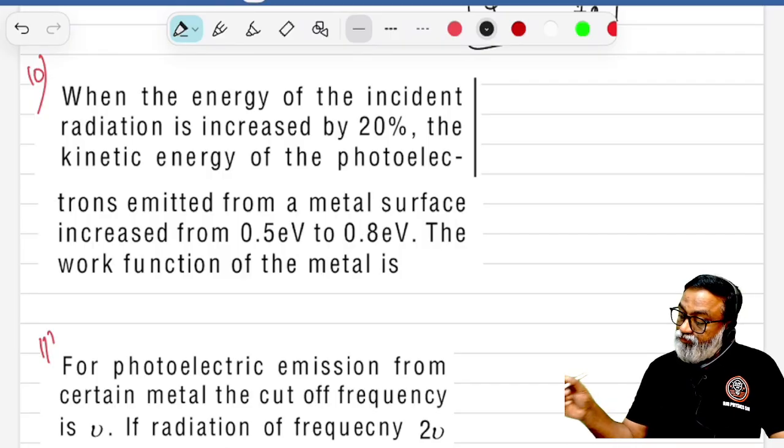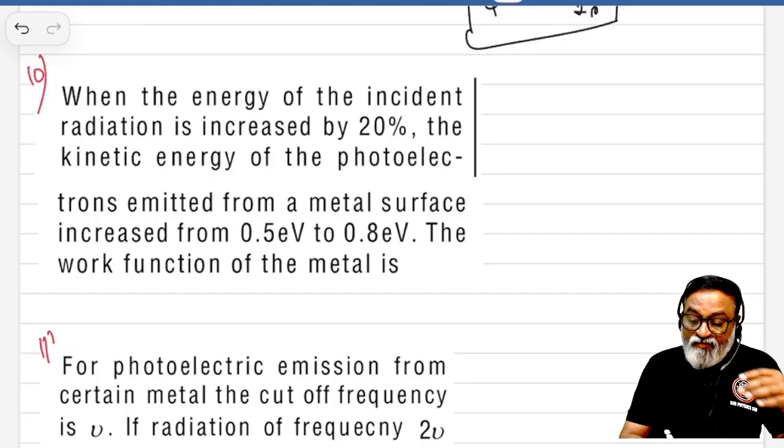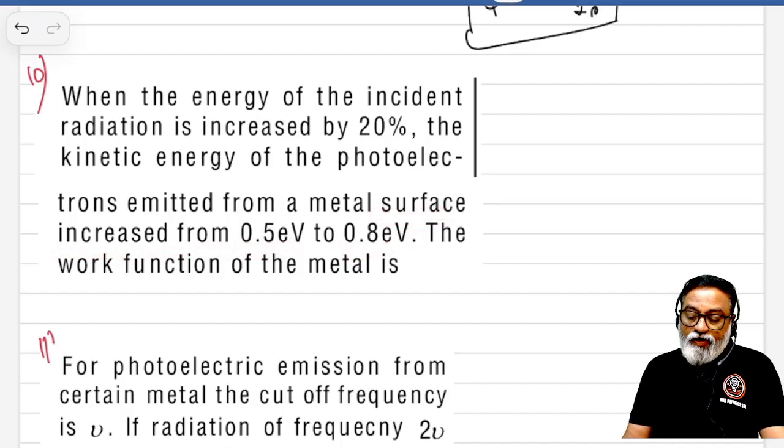Next one. When the energy of incident radiation is increased by 20%, the kinetic energy of photoelectrons emitted from the metal surface increases from 0.5 electron volt to 0.8 electron volts. What is the work function of the metal?